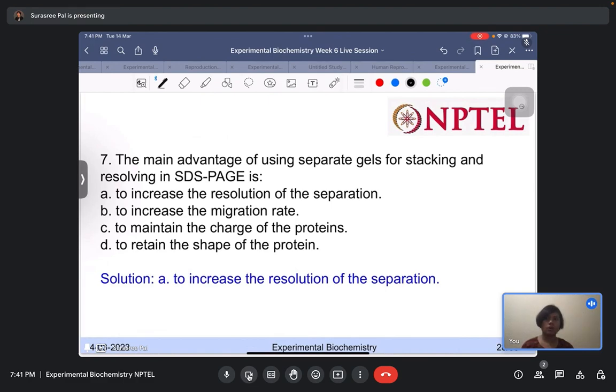So now it will be easier for them to resolve. It will also be precise when they are resolved in the separating gel or the resolving gel. So the other options like increase the migration rate, maintain the charge of the protein, or retain the shape of the protein are not correct. Only the correct answer is to increase the resolution of separation.